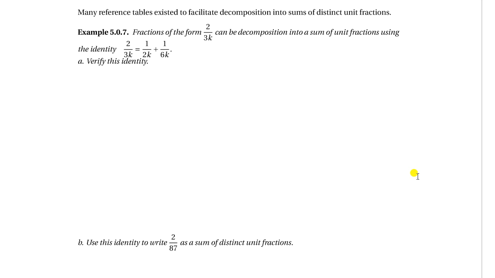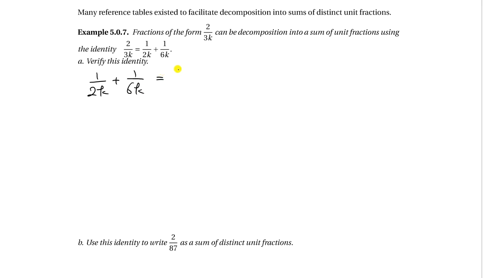But okay, let's check whether it's really true or not. Let's assume k is any positive integer: 1, 2, 3, 4, anything like that. Then let's see how this 2 over 3k can be converted to the sum of these two unit fractions. So let's start from the right hand side: 1 over 2k plus 1 over 6k. Then we want to get a common denominator for the calculation.